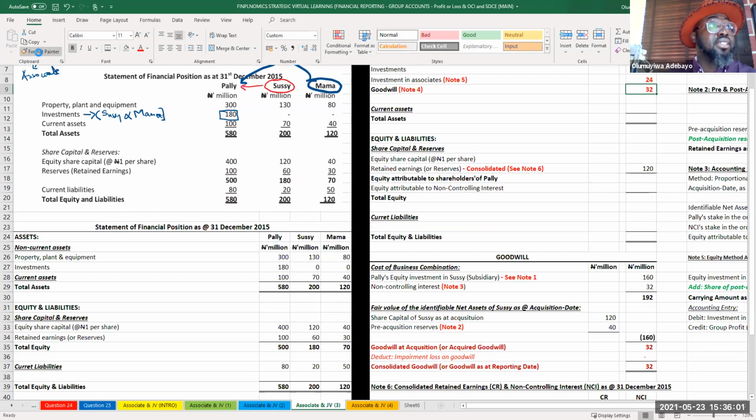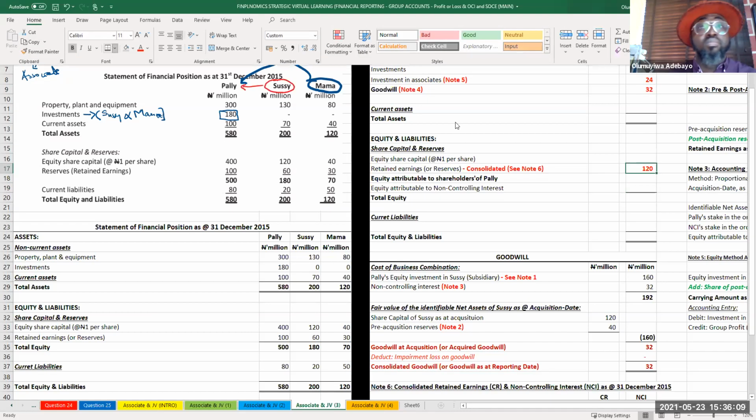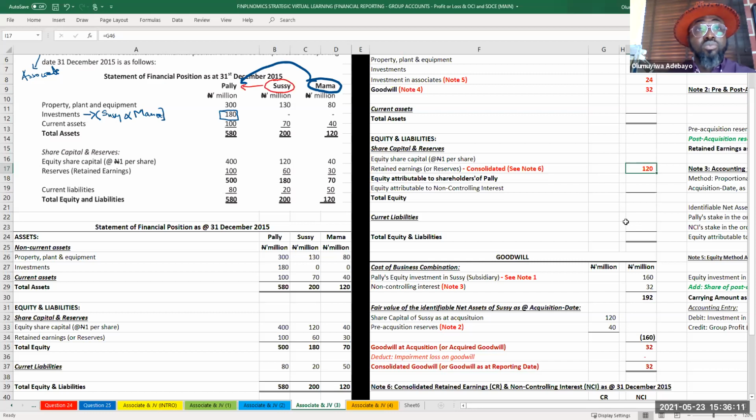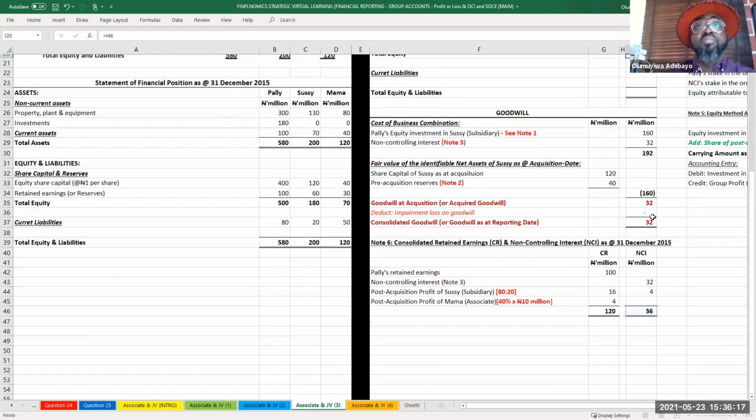Those things in red are things derived. Okay, non-controlling interest was 36.